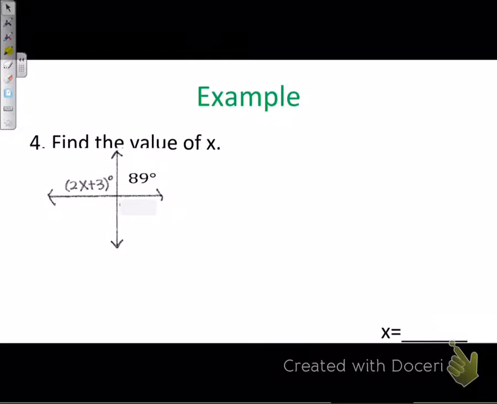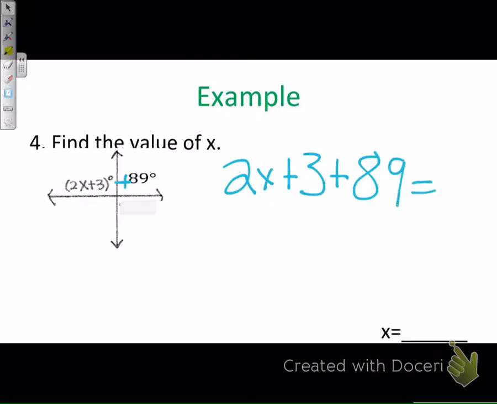Alright, next one. Find the value of x. So we're given 2x plus 3 on one of the angles and 89 degrees on the other. Now, what we know right now is that this is a straight line, so it adds up to 180 degrees. So we're going to add these two. So 2x plus 3 plus 89 is equal to 180.